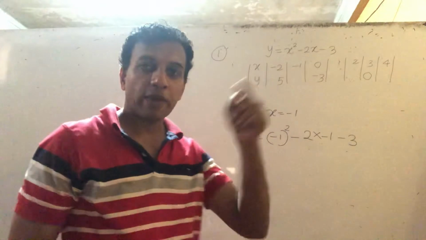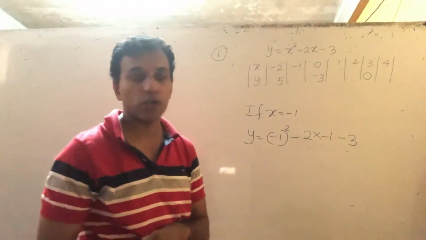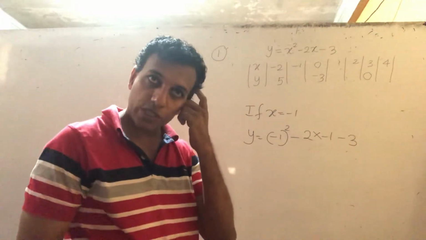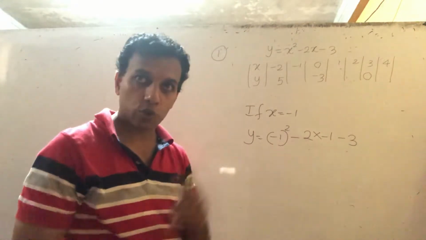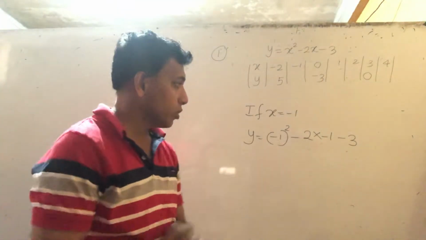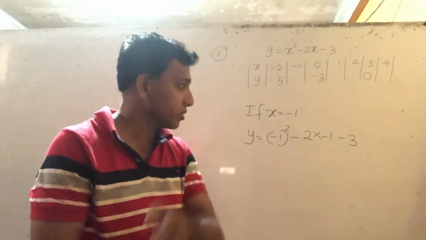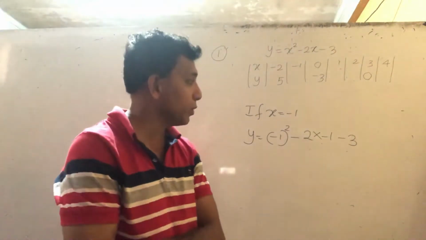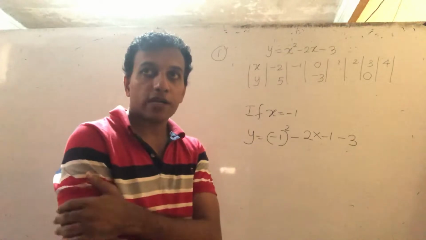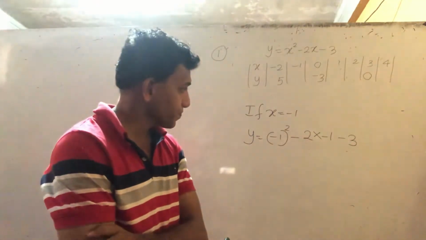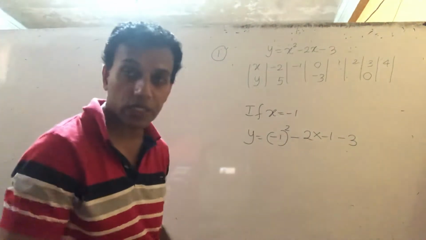Better, before this, watch my previous 1 and 2 videos of these parabolic curves. Then you have a good idea of this. So please subscribe, then you can see all my following attractive videos of mathematics targeting your OL exams. So substitute x for minus 1.